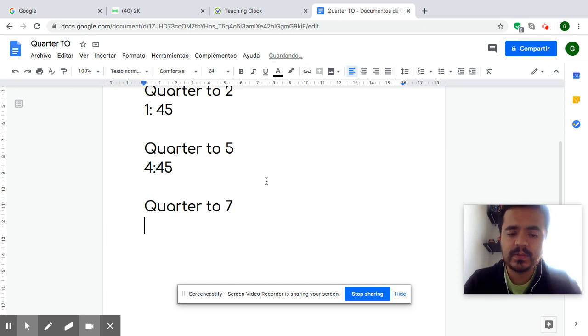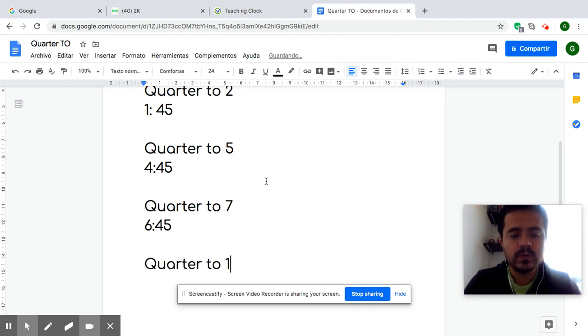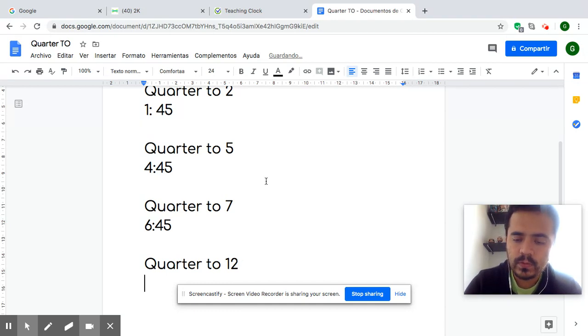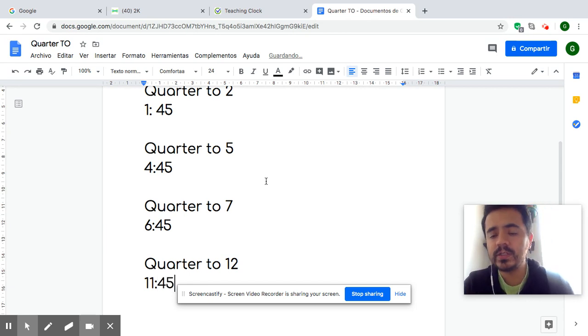What's before 7? 6. Okay. And when we're talking about quarters, we always finish in 45, right? Let's do one more. What if I have quarter to 12? What's before 12? 11. And as always, with quarter to, we finish in 45.